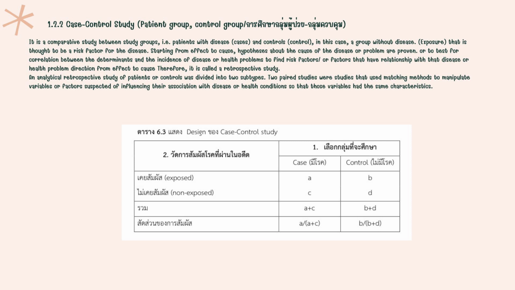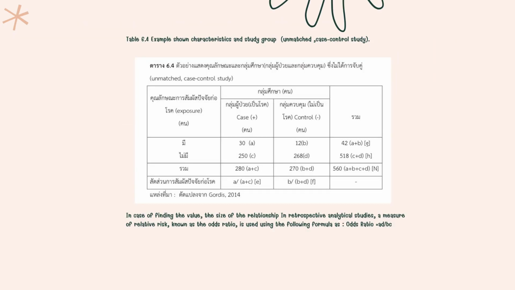and bring variable B plus variable D as the controls. Then bring the proportion of exposure by using A divided by A plus C with disease, and B divided by B plus D. In this type of study, analytical case control will have the following calculation and sample shown in table 6.4.